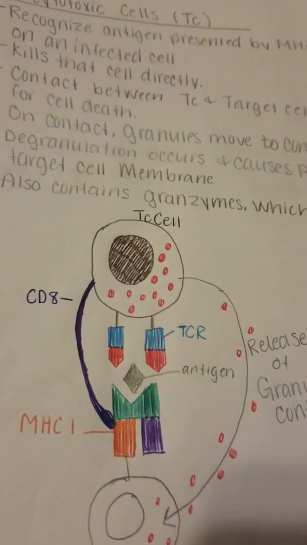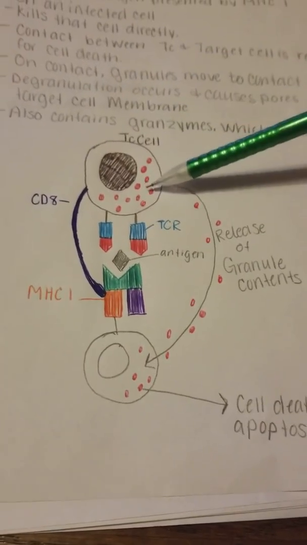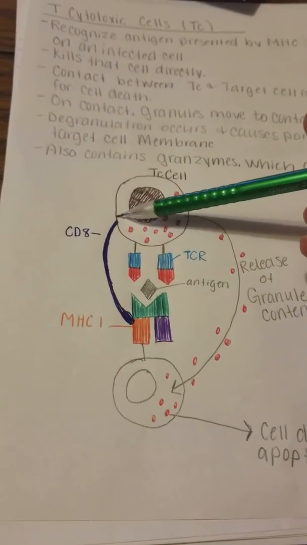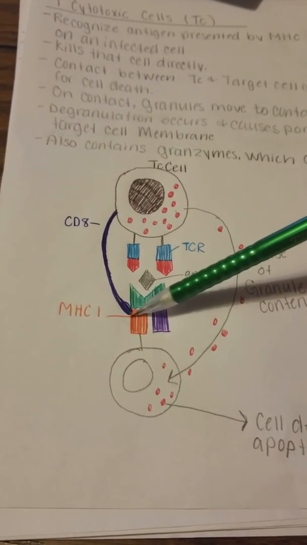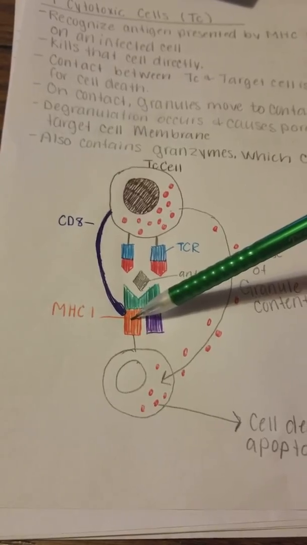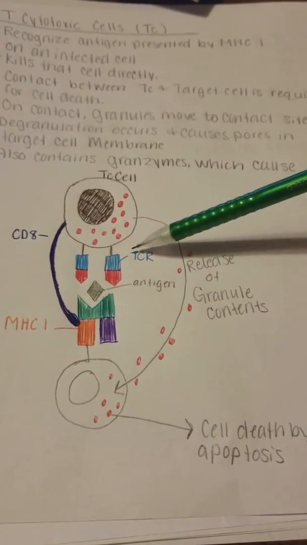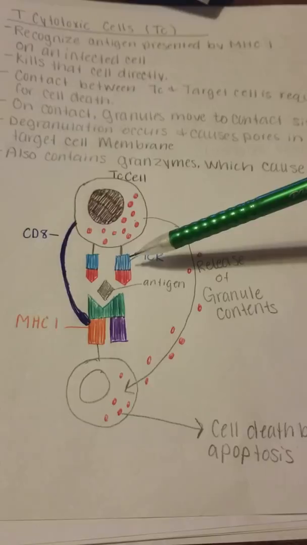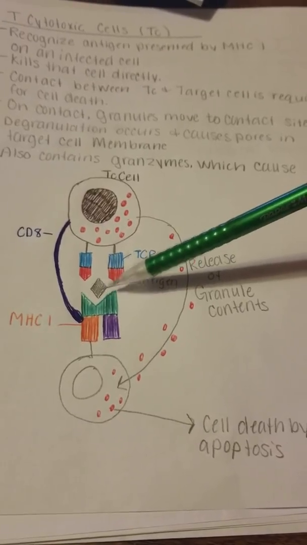This diagram shows here's your TC cell. It has a CD8 co-receptor. Here's its MHC1 proteins. There's the T cell receptor binding to your antigen.